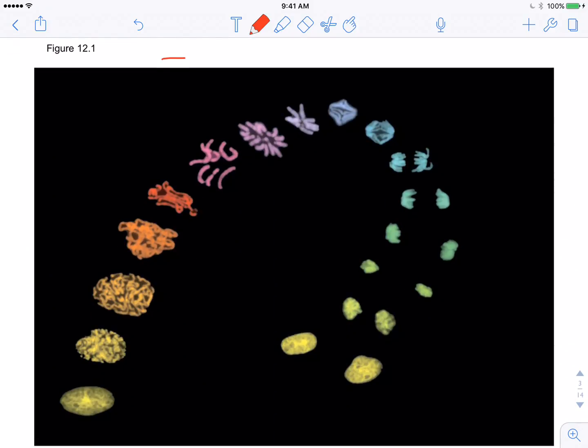And here's a really pretty stain of DNA as it goes through the cell cycle and starts off as one cell. This is in G2 of interphase. You can see it starts to move through prophase here, and we're getting into prometaphase.